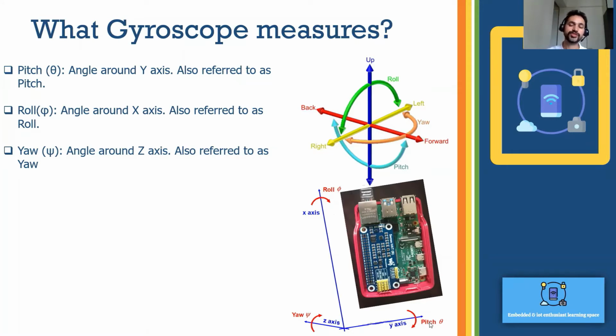It can go from 0 to 360 degrees. The same when I do it for the z-axis, which is coming out of the frame, perpendicular to the board. If I rotate around the z-axis, then my yaw will change. So this is the basic measurement part, what the gyroscope measures.